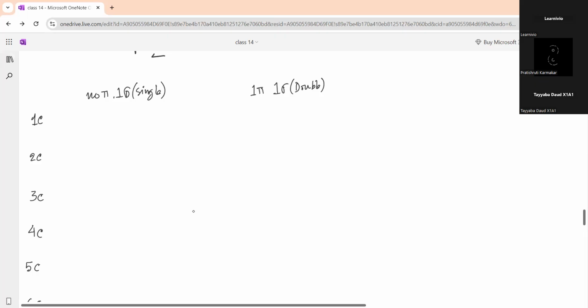And then we will have 2 pi, 1 sigma, which is triple bond. Right? Now, what was our prefix for 1 carbon? It was meth, right?